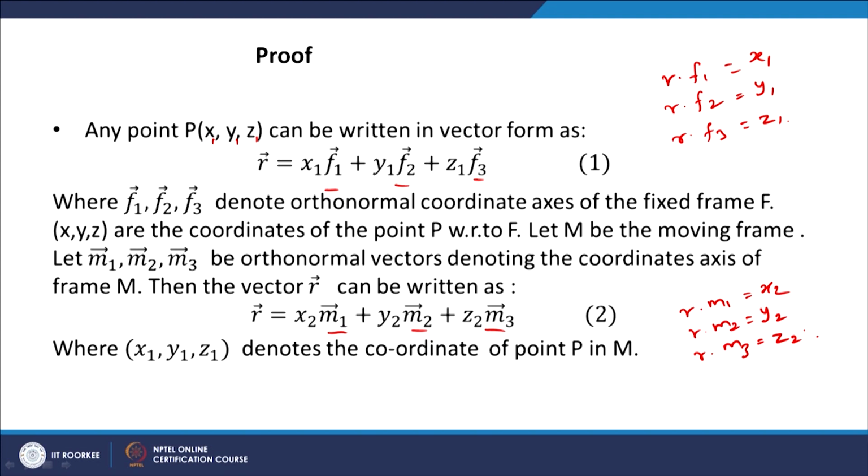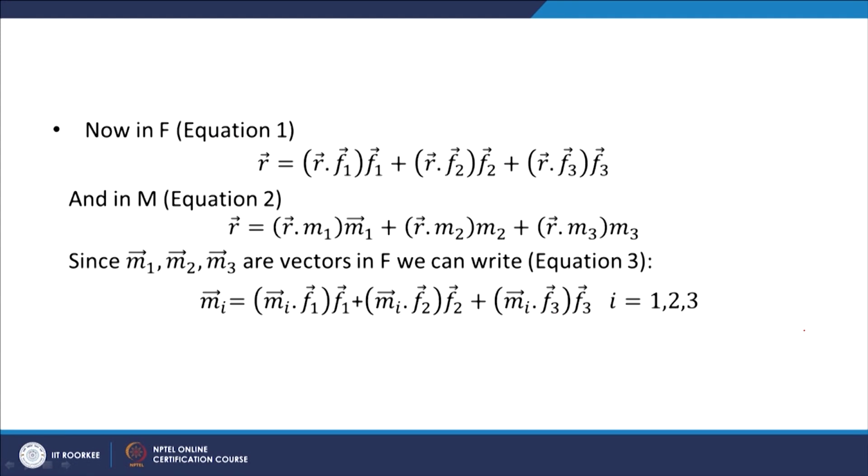So, now we want to see the relation between x1, y1, z1 and x2, y2, z2. That can be seen directly from here. We can write the vector R, because x1 is R dot f1 etc., in terms of m1, m2, m3 as this expression, where these are x2, y2, z2.